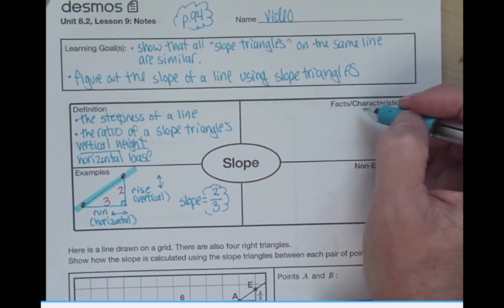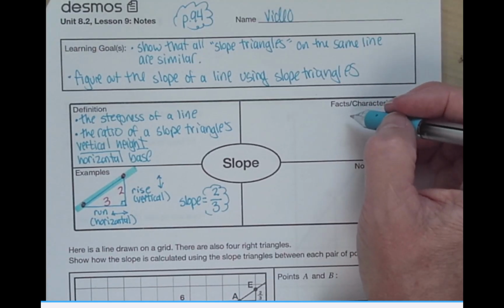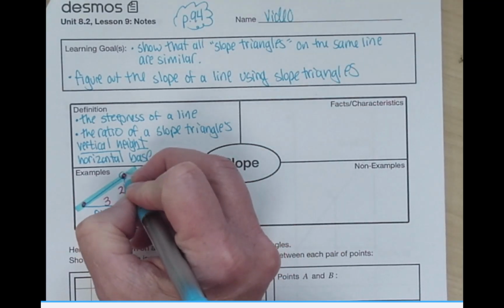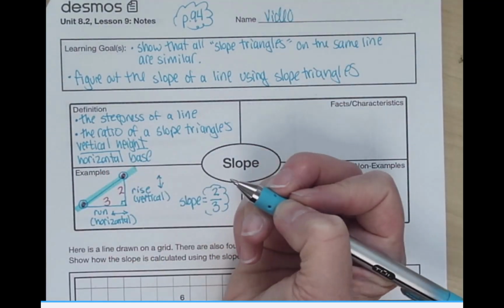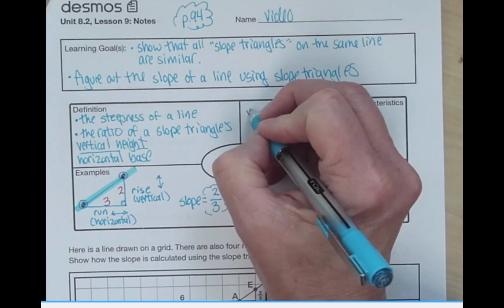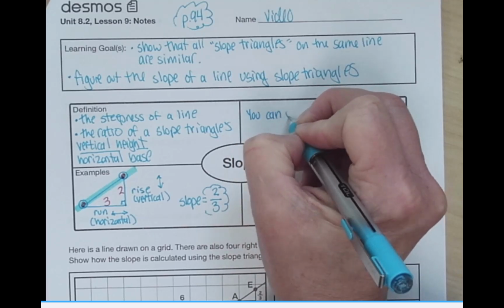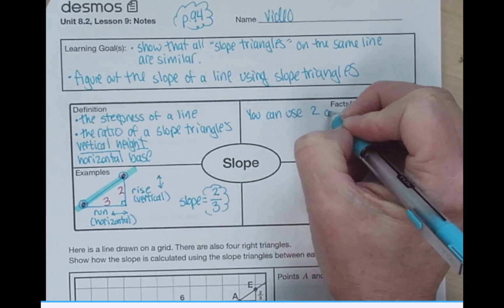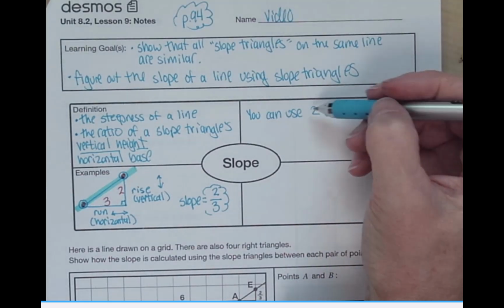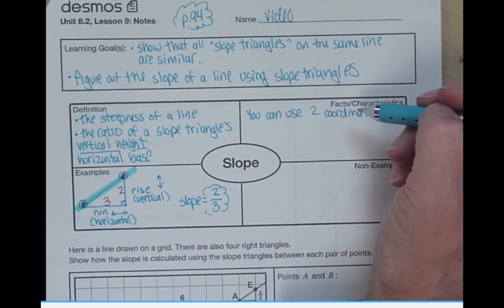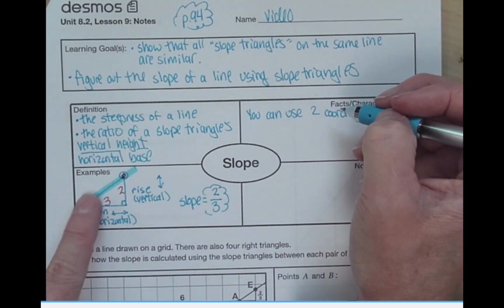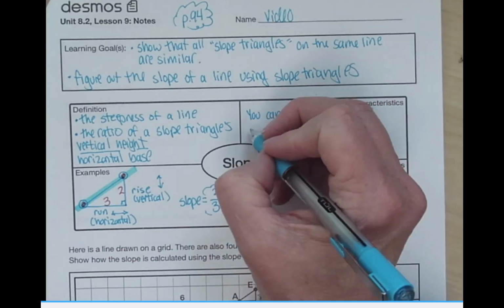Just one little thing that we'll need to preview for the next lesson is you can use coordinates of 2 points. Like if I knew these coordinates, I could figure out the vertical height and the horizontal height. You can use 2 coordinates to find the slope of the line between those 2 coordinates.